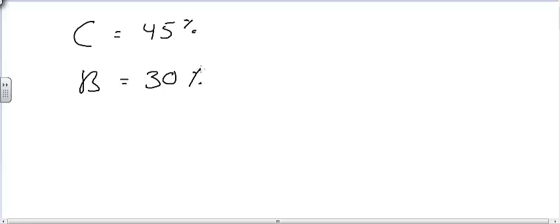Now keep in mind they're asking for how many students, not what percentage. I'm essentially saying 45% of my total population is what? So as a decimal, I need to change that percentage into a decimal before I multiply. Of translates to multiplication.